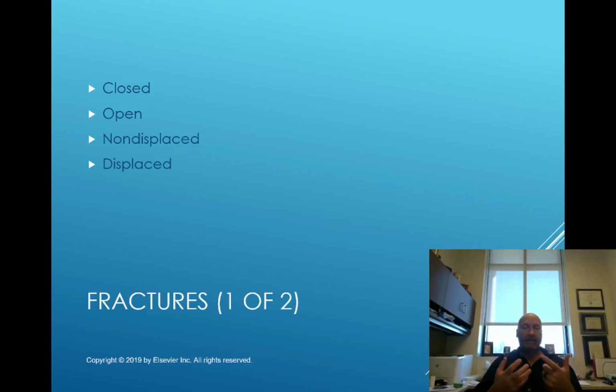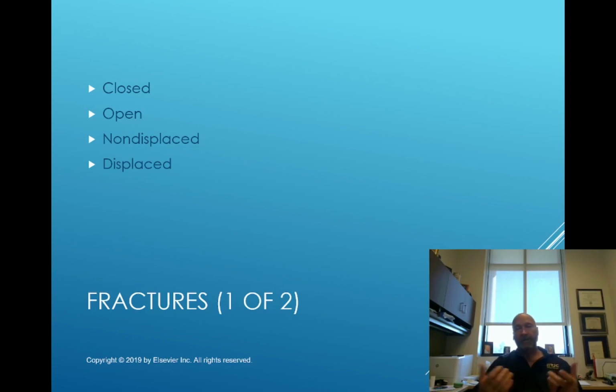That determines how much work the ER doctor or the orthopedic surgeon has to put in to fix that bone. If it's non-displaced, in a lot of cases, like an ankle fracture, they'll put you in a boot and see if it heals.